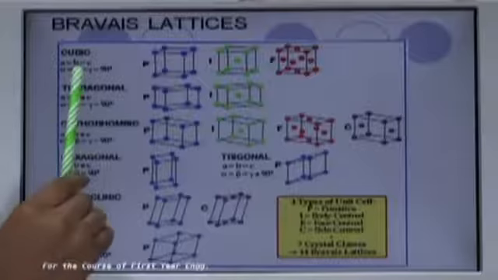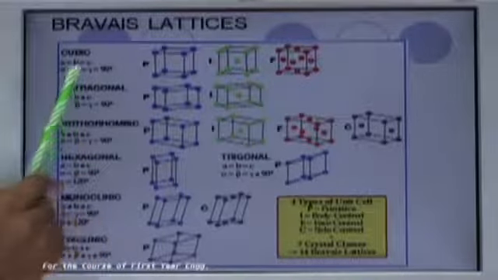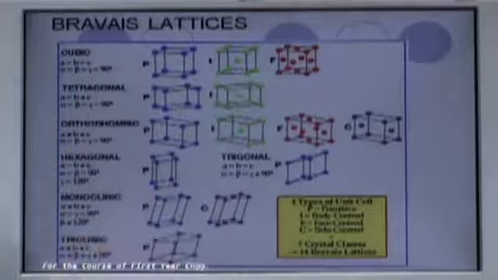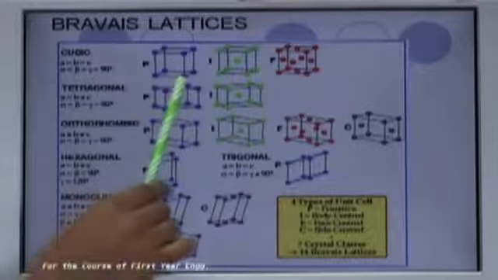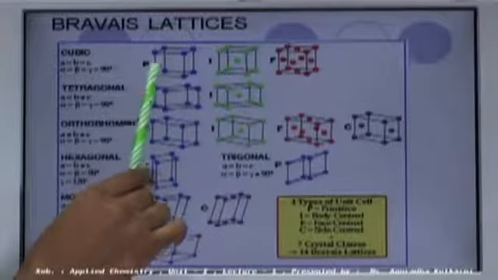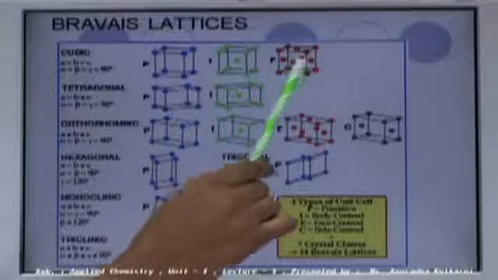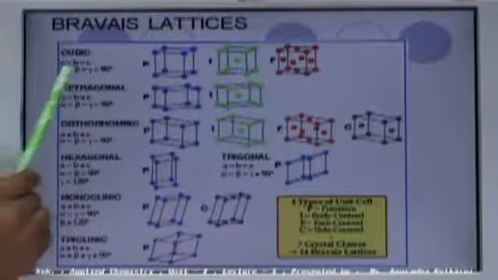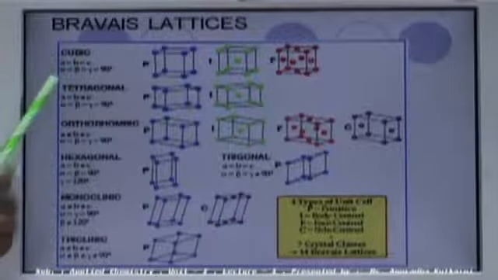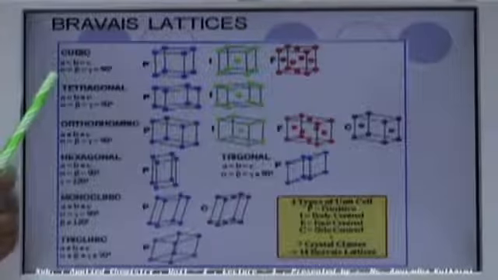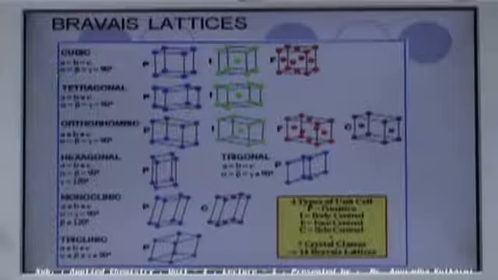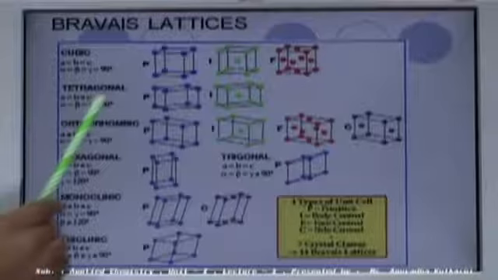So first is cubic crystal system. How many types of unit cells are possible for cubic crystal system? Only 3 types are possible, that is primitive, then body centered and face centered. Here again length and angle parameters are given, which we have already discussed in the crystal systems. Then next is tetragonal.